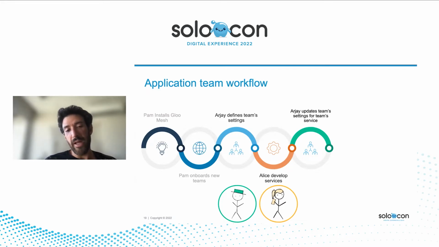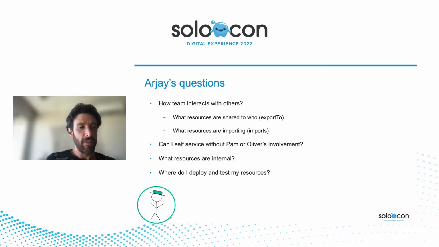Once that's set up, Alice can then go and develop services, and we have a nice flow where we can iterate, develop and adjust things as needed from within the workspace without needing to involve operations or admin. So in this scenario, RJ wants to answer the questions: how does the team interact with others?